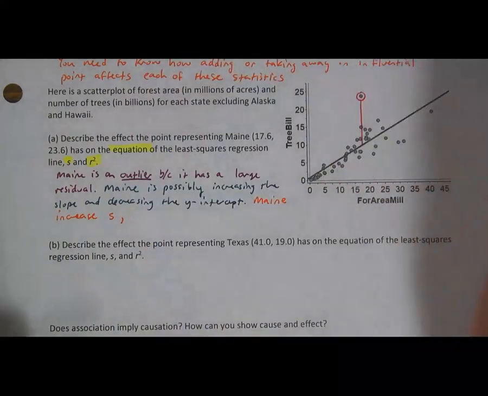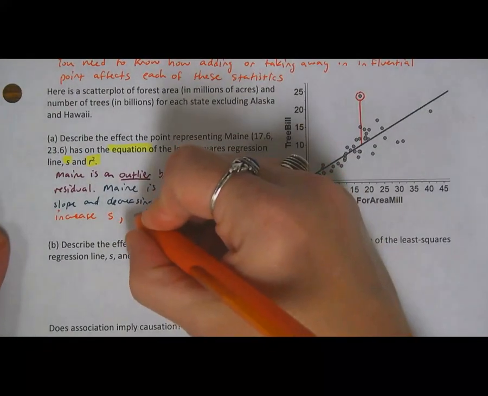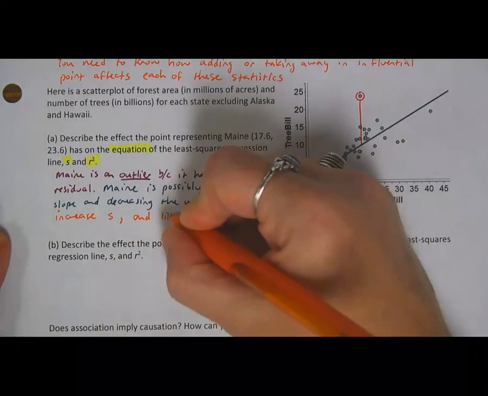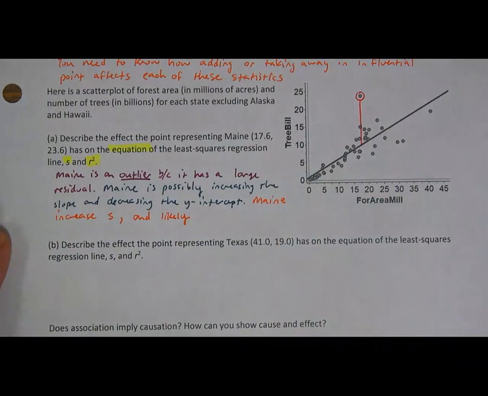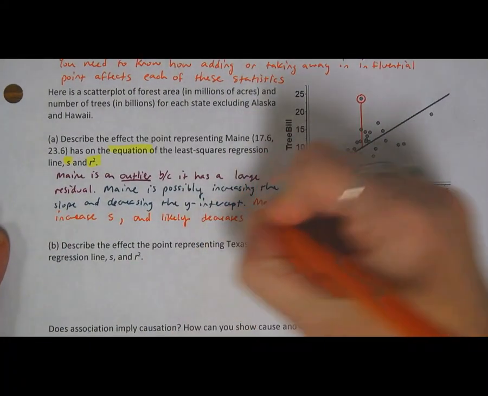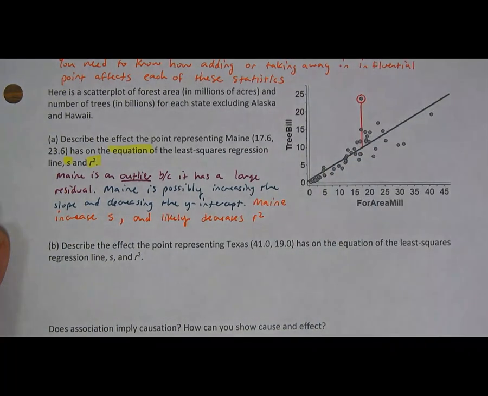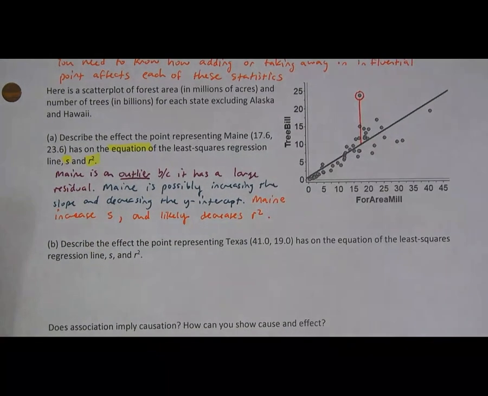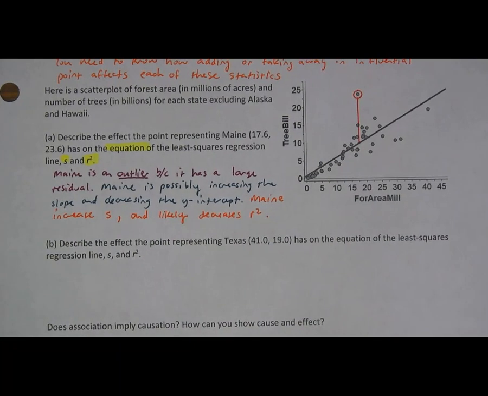So Maine likely increases S and likely decreases R squared. It weakens the correlation. So that's a lot to think about there as an outlier.